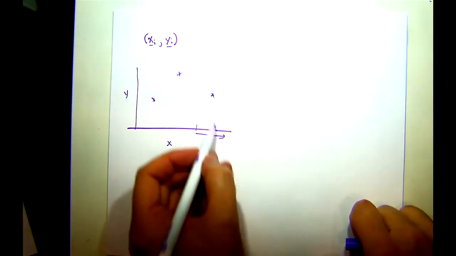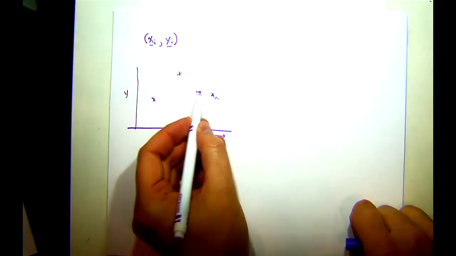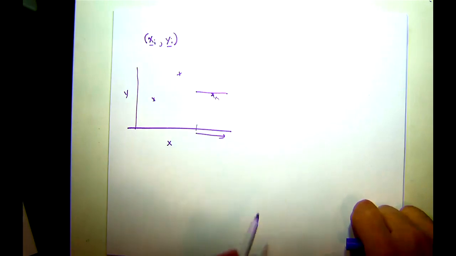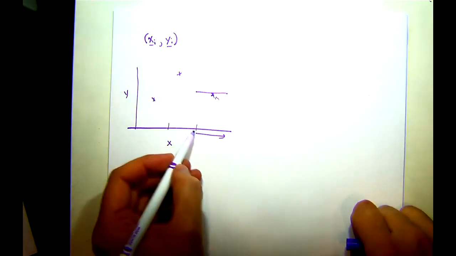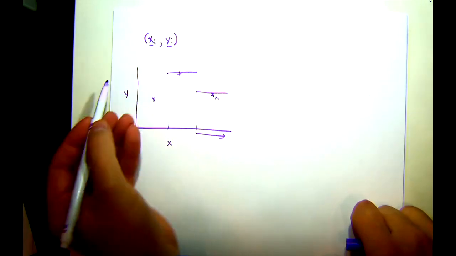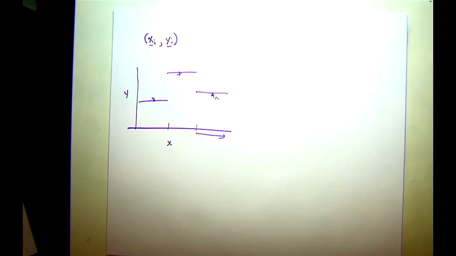For anything in this middle section, where this is the nearest neighbor, you return that value. And anything over here, you return that value. So you end up with a piecewise function, which can be useful still, but it doesn't really adapt well to the changes.